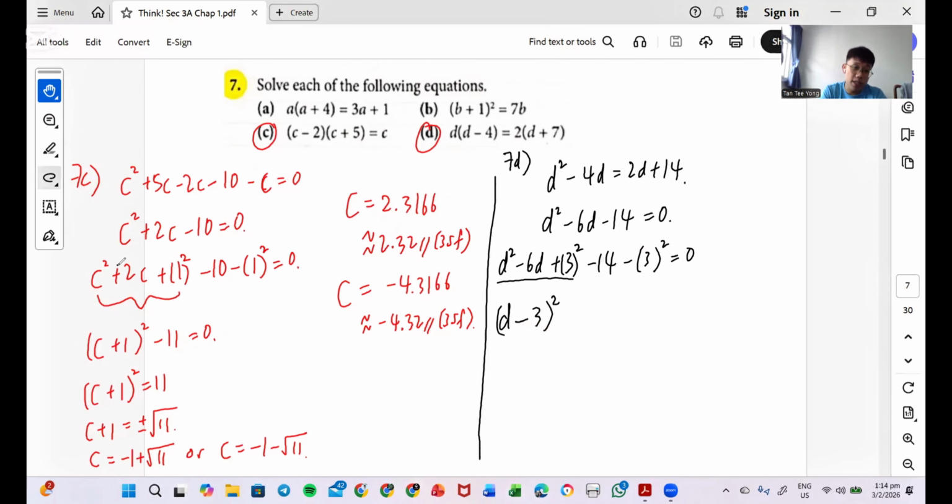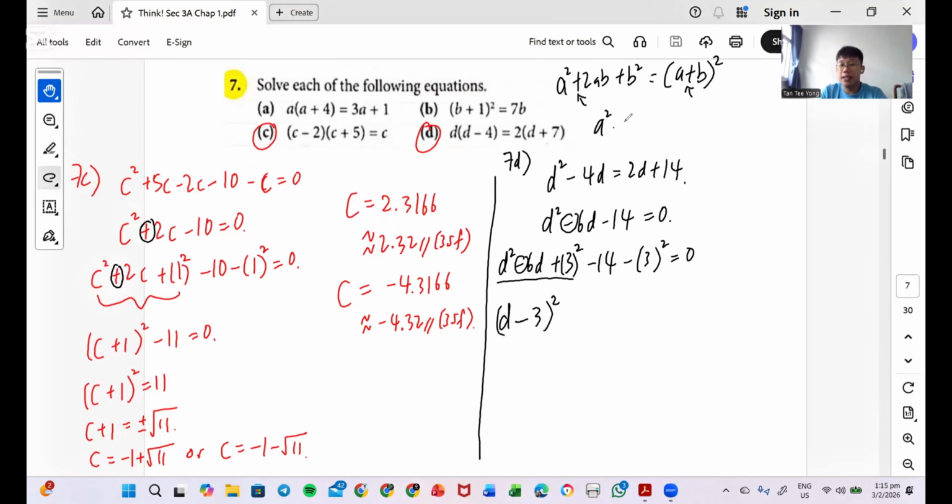How do I know? Because this is plus, this is plus. Look, this is minus, this is minus, so this one also minus. How I know? Also because of the identity. Remember this? A square plus 2ab plus b square equals a plus b square. So you see the plus.